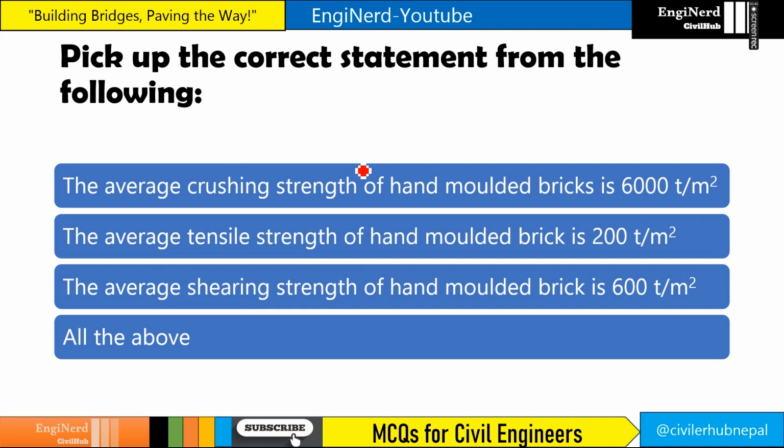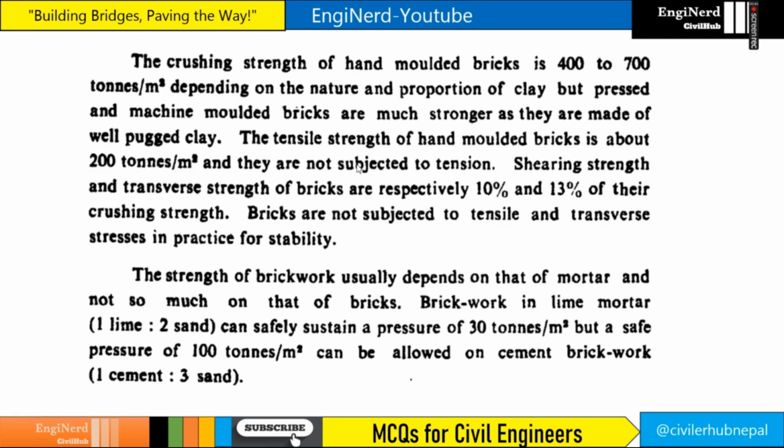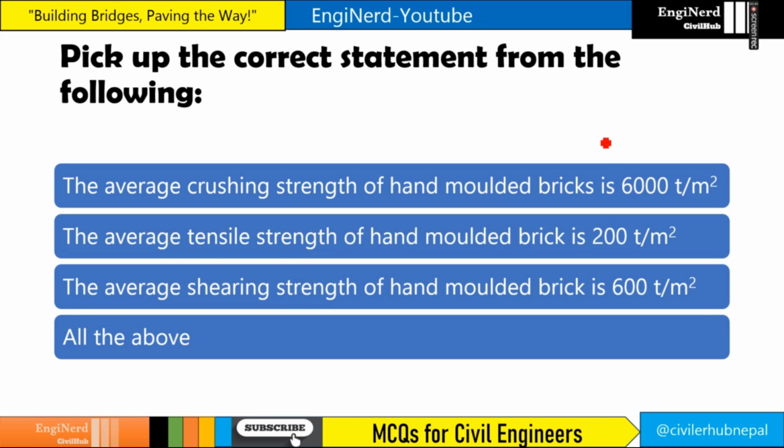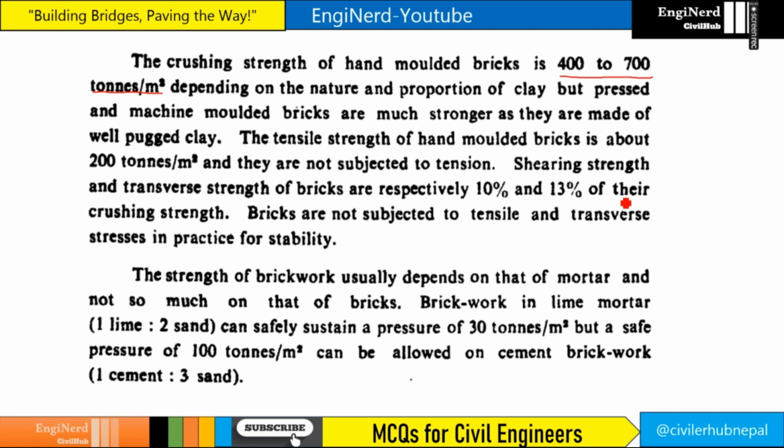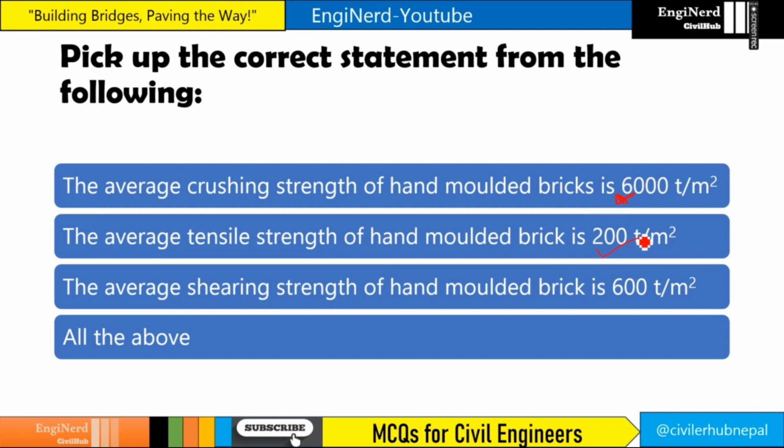Pick up the correct statement from the following. The average crushing strength of hand molded brick is 6,000 ton per meter square. The average tensile strength of hand molded brick is 200 ton per meter square. The average shearing strength of hand molded brick is 600 tons per meter square. You see here, the crushing strength of hand molded brick is 400 to 700 tons per meter square, but here 6,000 ton per meter square is given. But if you see the tensile strength of hand molded brick, it is 200 ton per meter square, and this is correct.